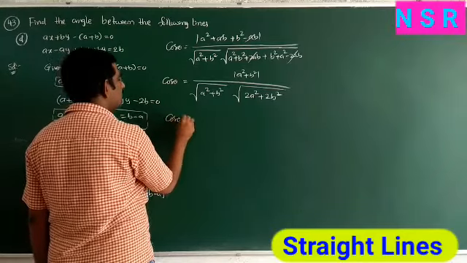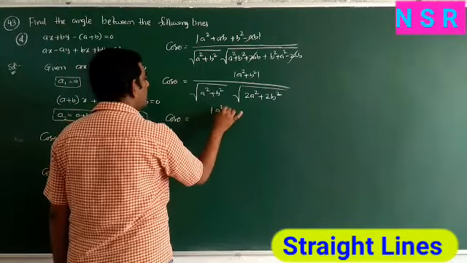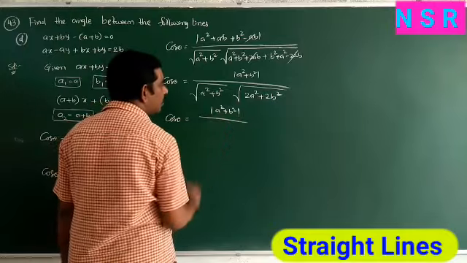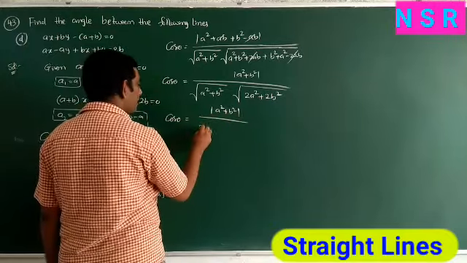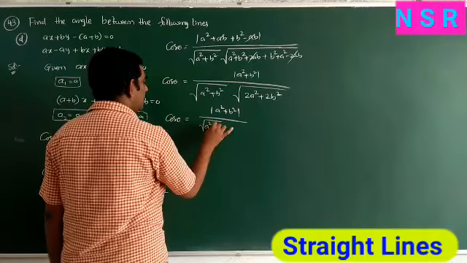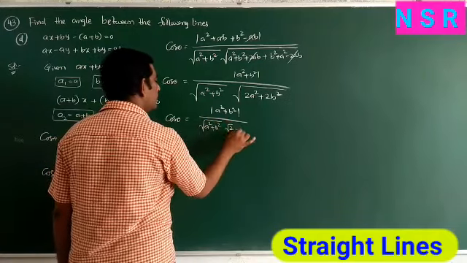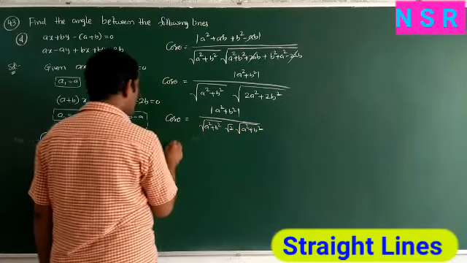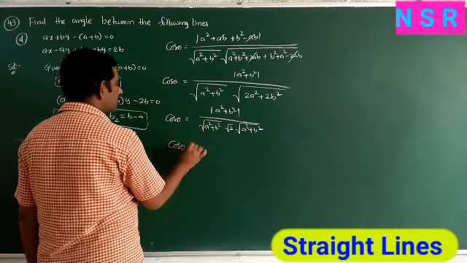Now cos theta is equal to mod A square plus B square by, taking 2 as common, we get root 2. Now root A square plus B square into root 2 into A square plus B square. So root x into root x.